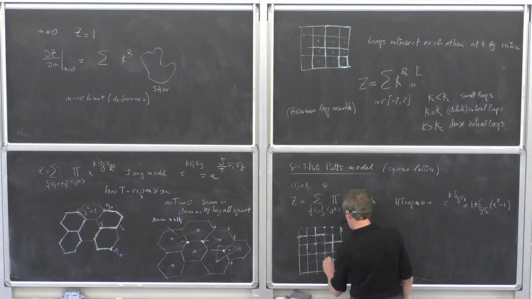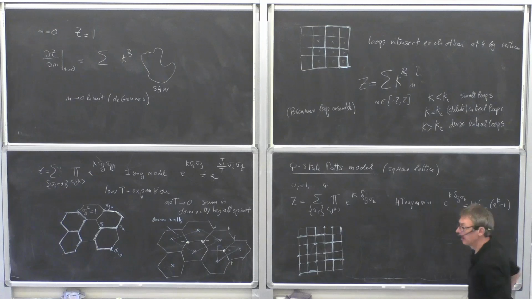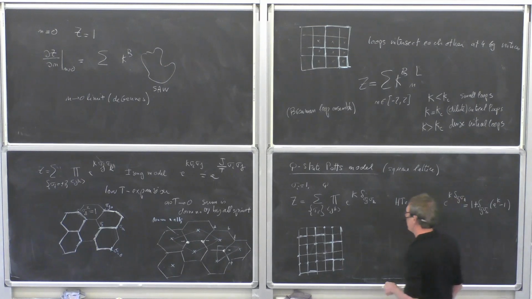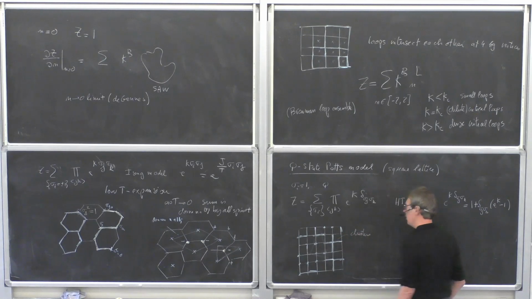So clusters are made of edges and vertices. And observe in particular that I count isolated vertices also as clusters.